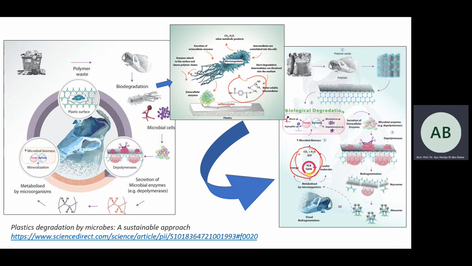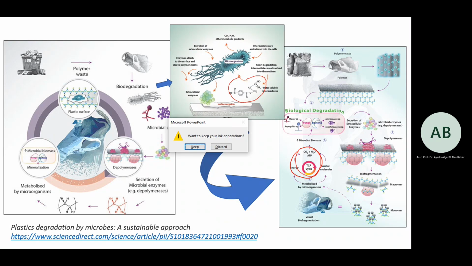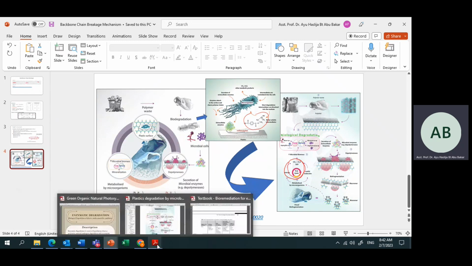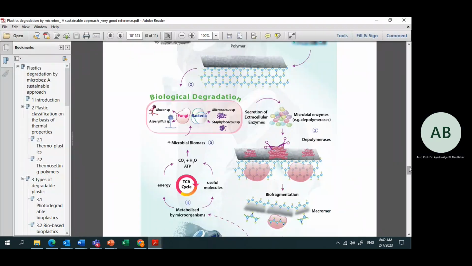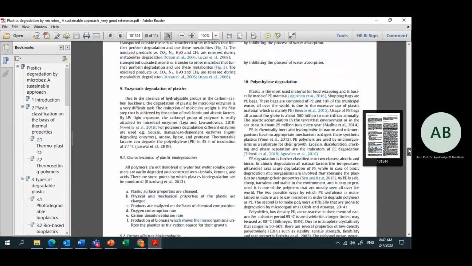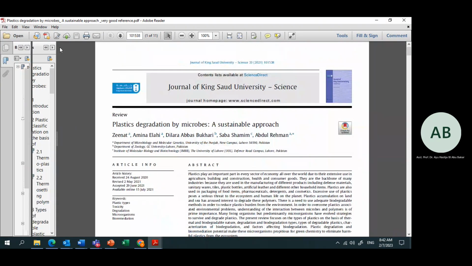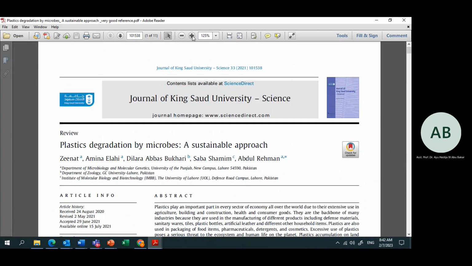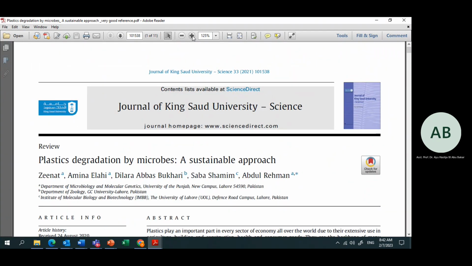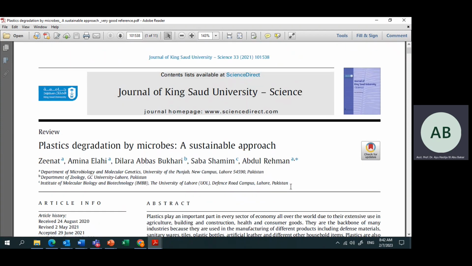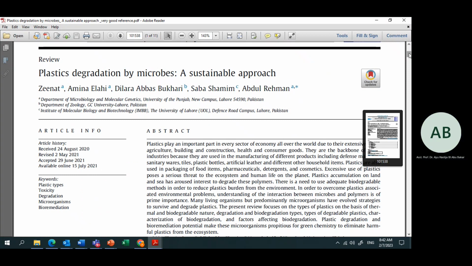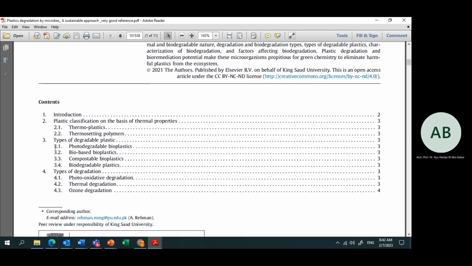Okay, I will share with you these articles. This is a very good article. I will put it in the course page later on. I just share with you here. This is a review paper, a sustainable approach. So they compile everything together.